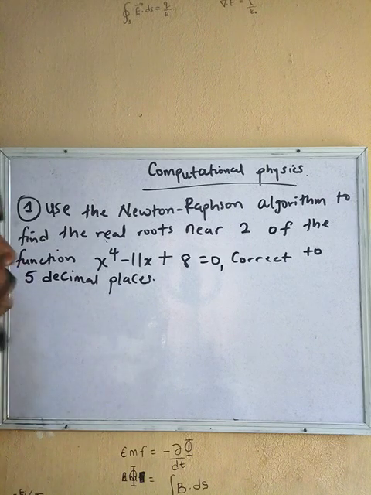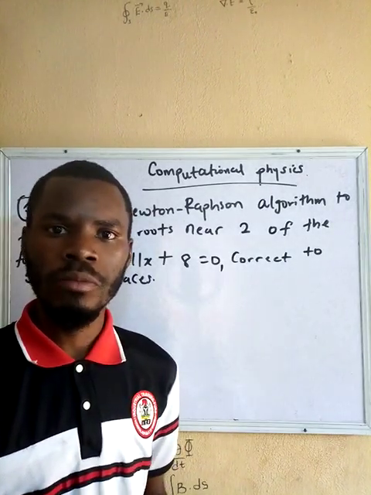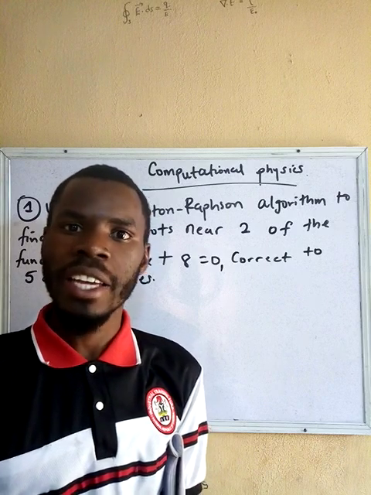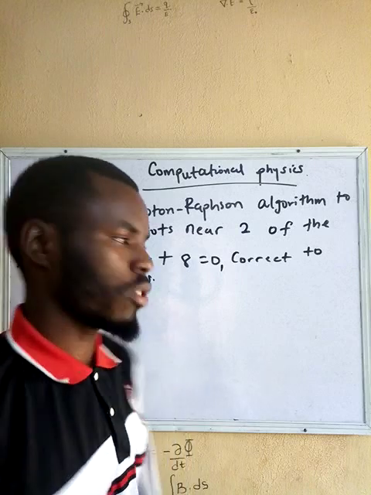Now, from this question and from the Newton-Raphson algorithm, you will discover that our initial point of guess xi becomes 2. So instead of xi, it becomes x naught.